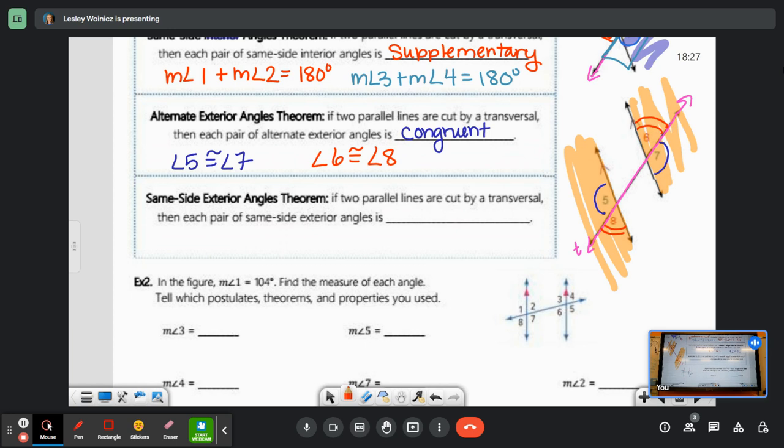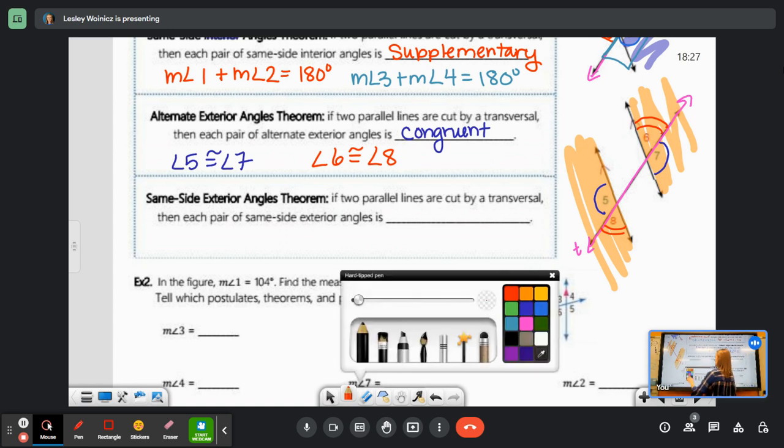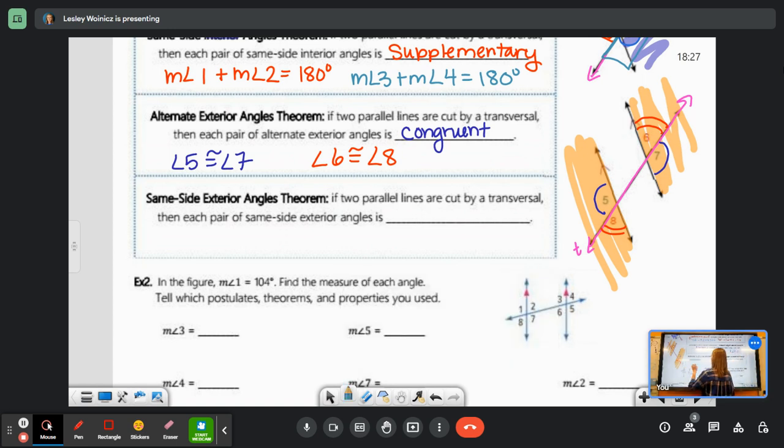Okay, for same side exterior angles, if two parallel lines are cut by a transversal, then each pair of same side exterior angles is supplementary. The definition of supplementary is that we have to add up to 180 degrees.